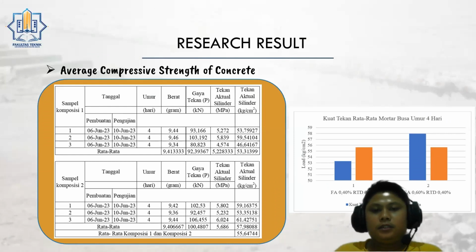From the test results, we can know the compressive strength of the concrete. In the first test object, the compressive strength at 5 days is 63, and the second test object is 68%.